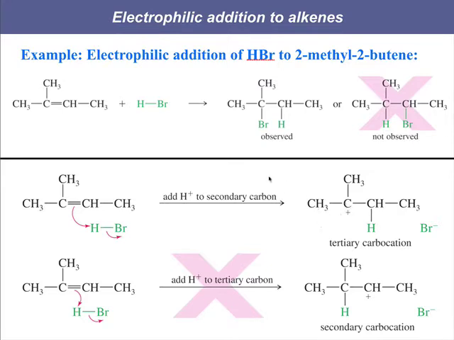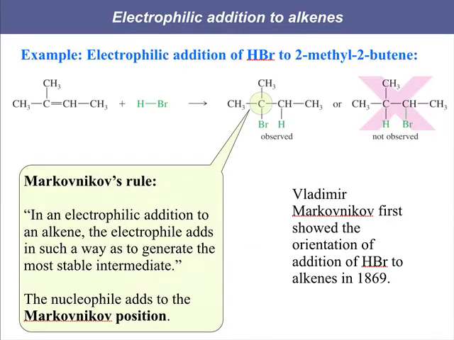So the mechanism will proceed in whatever direction will give the most stable intermediate. We will never add the hydrogen to the left carbon in this case, because that gives us a less stable intermediate.